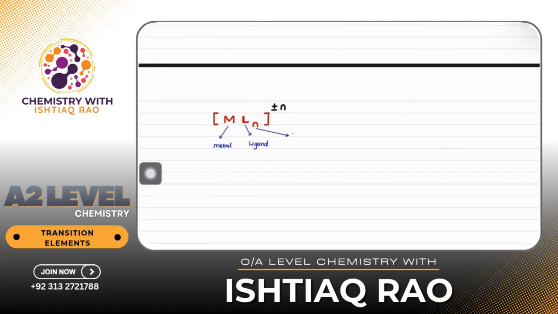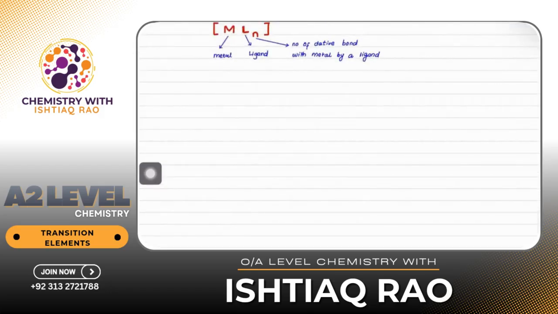This is the number of ligands attached with the metal by a ligand, and this is the overall charge. Simple example, let me tell you this one.